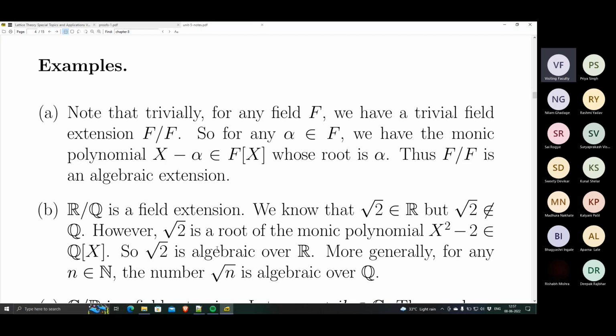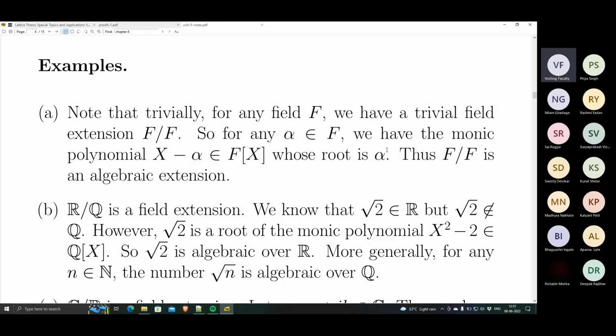Take a single field F, right? Then F over F is a trivial field extension. F is a subset of F, right? So F lies above F. So for any alpha in F, which is now both the base field and the extension field, there is a monic polynomial x minus alpha such that its root is alpha. Right?